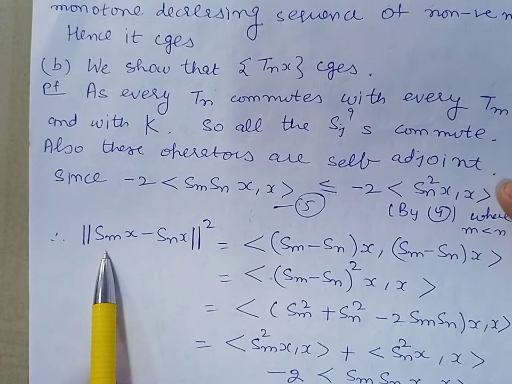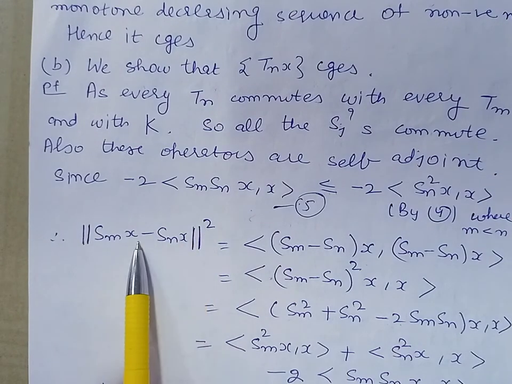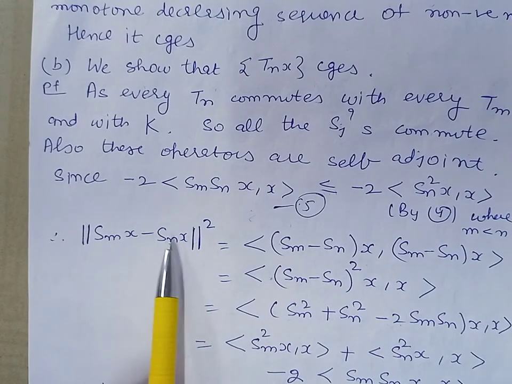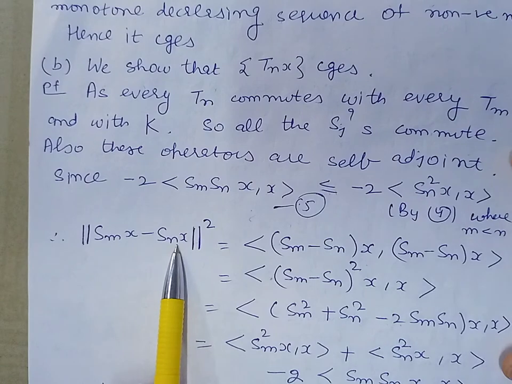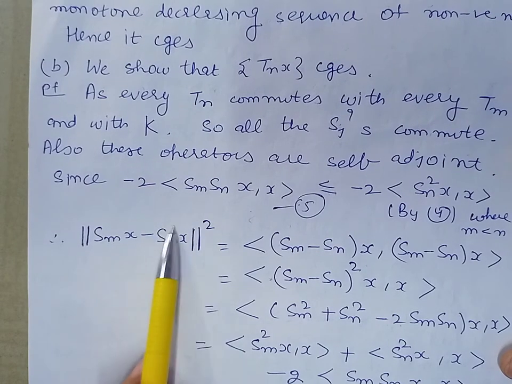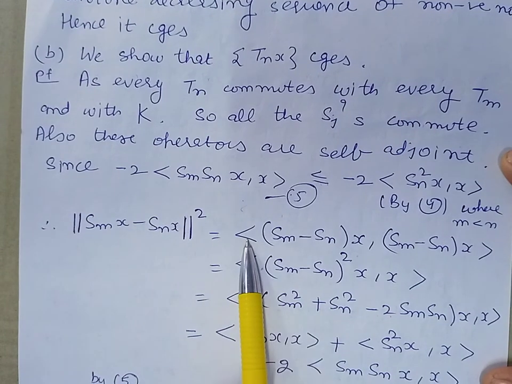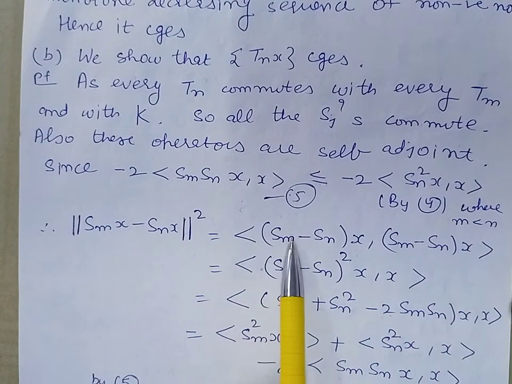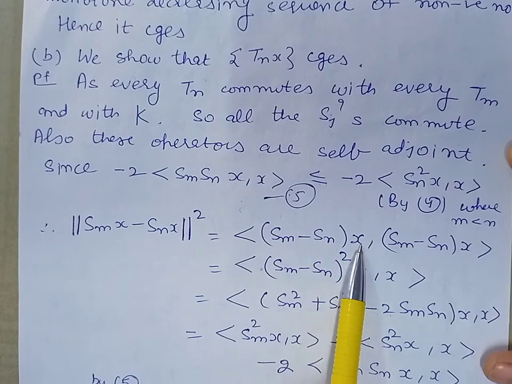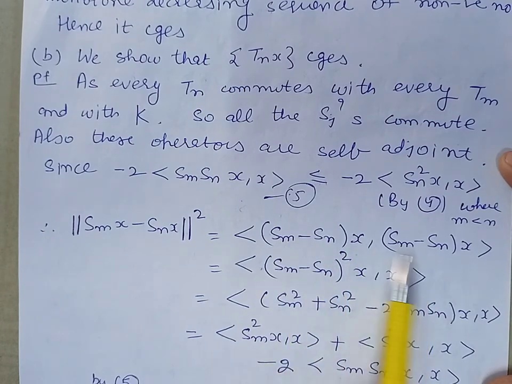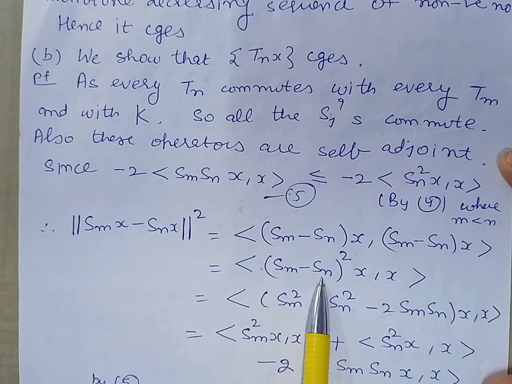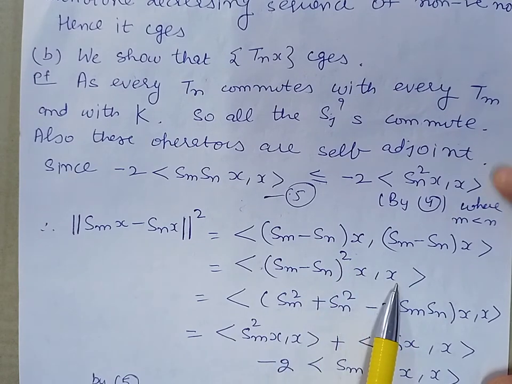So let us consider the square of norm of Smx minus Snx. By definition, norm square means inner product of this element with itself. So this can be written as inner product of Sm minus Sn x with itself, and this can further be written as inner product of Sm minus Sn whole square x with x.